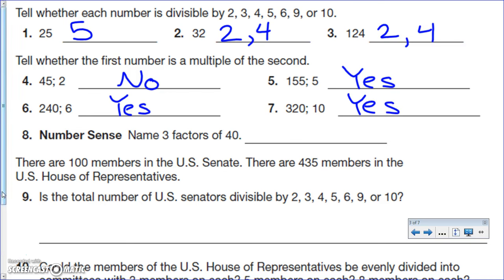For 8, number sense, name 3 factors of 40. Factors are numbers that when you multiply them together will equal the number that you're looking for, in this case 40.